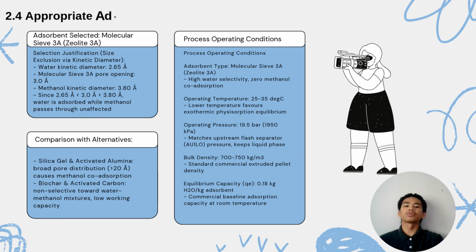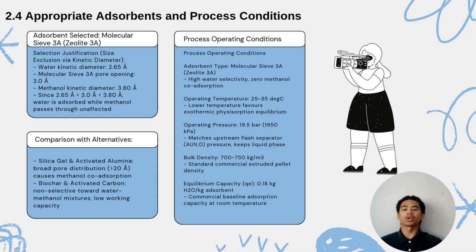In section 2.4, we examine our adsorbent selection and key process conditions. We selected molecular sieve 3A, or zeolite 3A, primarily based on size exclusion. Water has a kinetic diameter of 2.65 Angstroms, while methanol is larger at 3.8 Angstroms. Because zeolite 3A has a pore opening of exactly 3.0 Angstroms, water is selectively adsorbed into the pores while methanol is completely excluded.